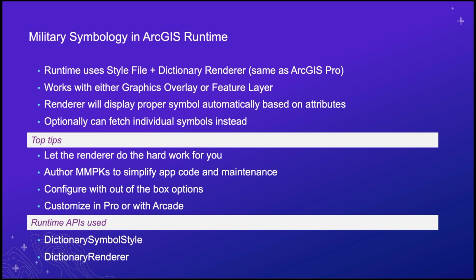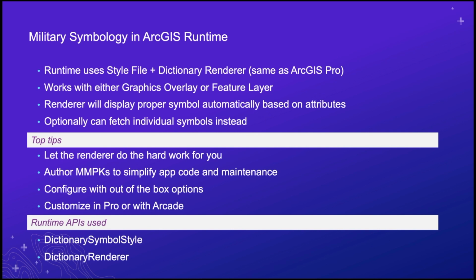The dictionary renderer will automatically display the proper symbol for you depending on the attributes of your data. This means it's very important for you to format your data with a well-known standard. For example, you could use a set of attributes to represent your symbol, or a symbol ID code.